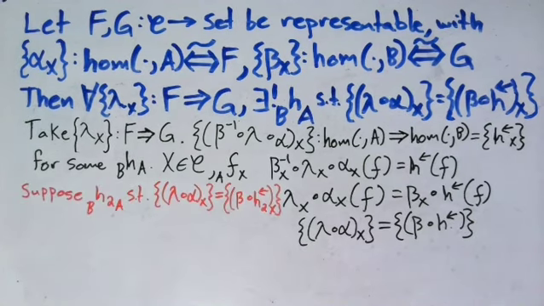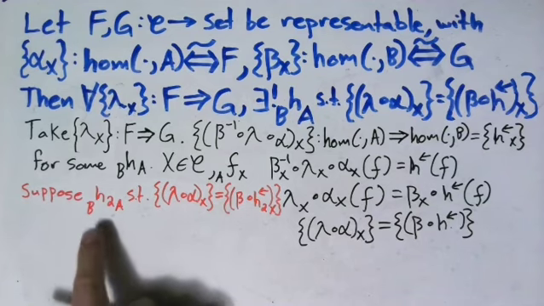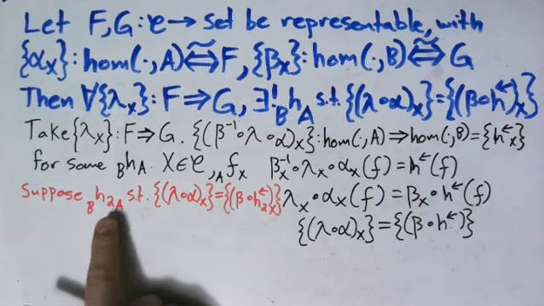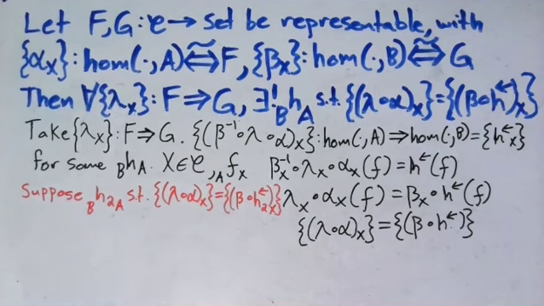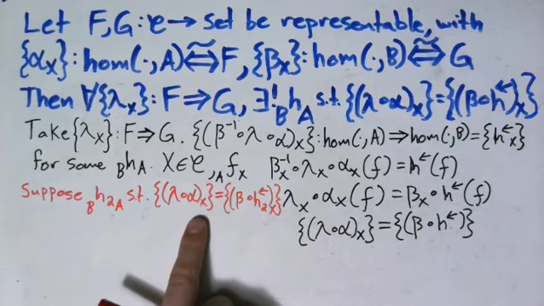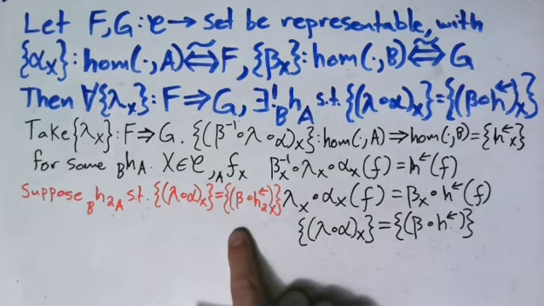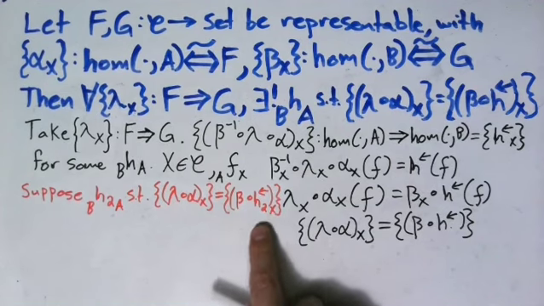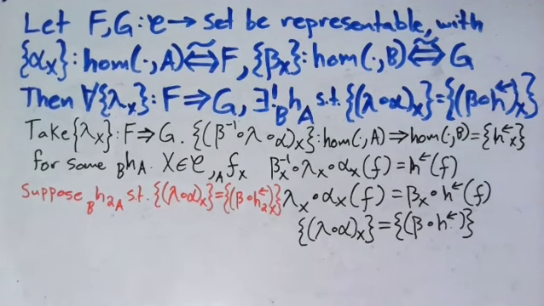So to do that, let's suppose that there were some other morphism h2 going from A to B also, that also satisfied this natural transformation equation. That is that lambda after alpha is the same as beta after "followed by h2" this time. And we need to show that actually h2 has to be equal to h, this h here, guaranteeing that it's unique.